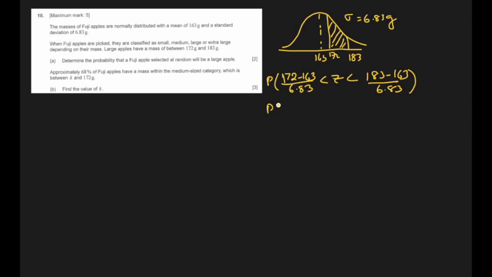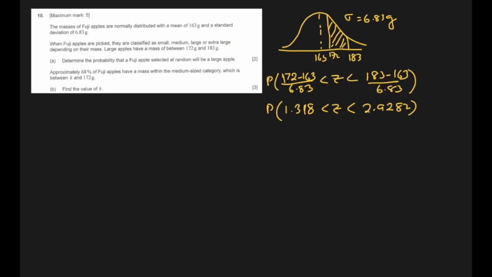So the z-score for this one will be 1.318. Z is 2.9282. Okay, and now we can find the probability.